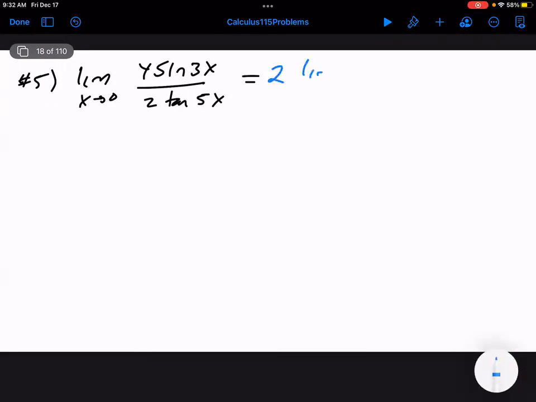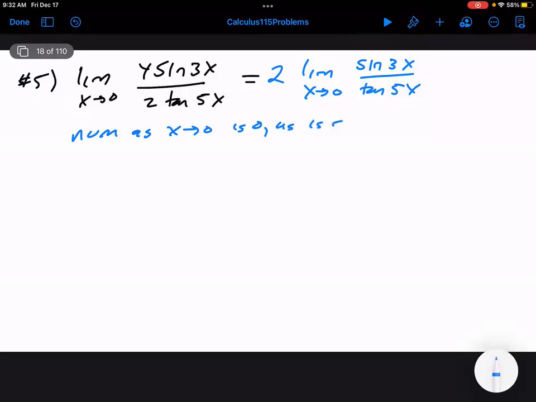So it's just 2 times the limit as x goes to 0 of the sine of 3x over the tangent of 5x. And so as x goes to 0, we have 0 over 0. So the numerator as x goes to 0 is 0, as is the denominator. So one possibility is you could use L'Hopital.